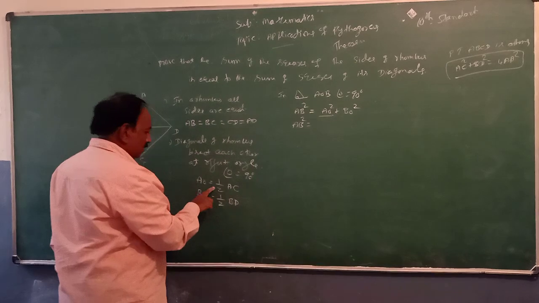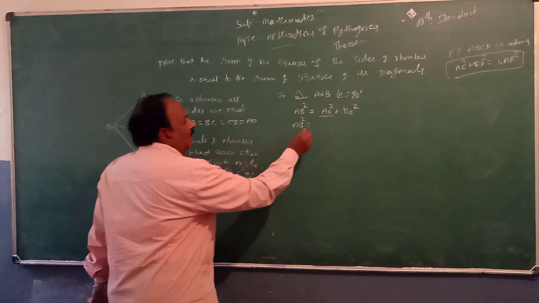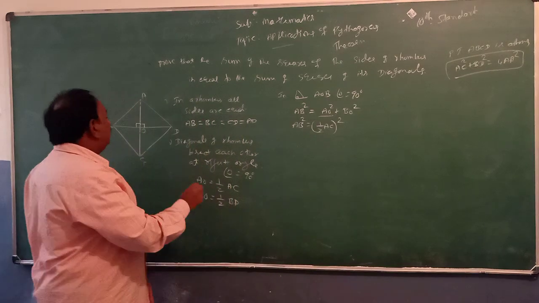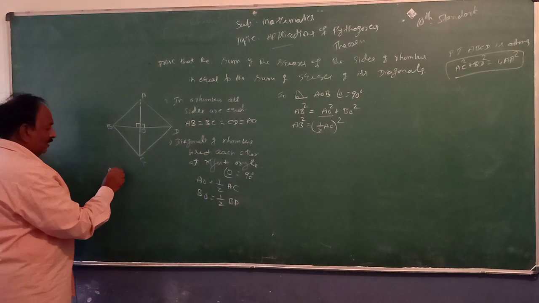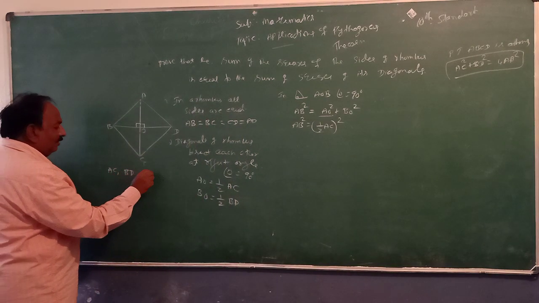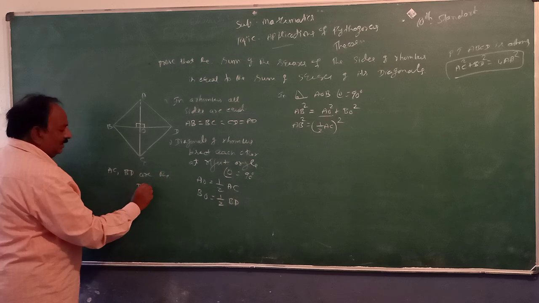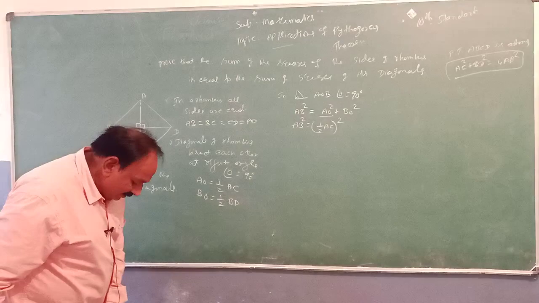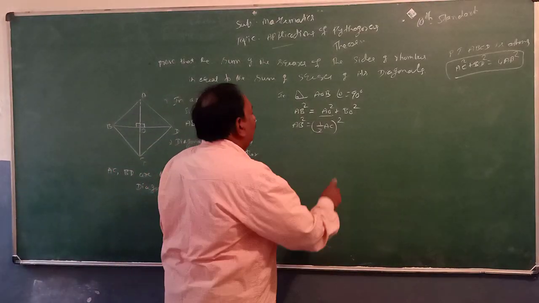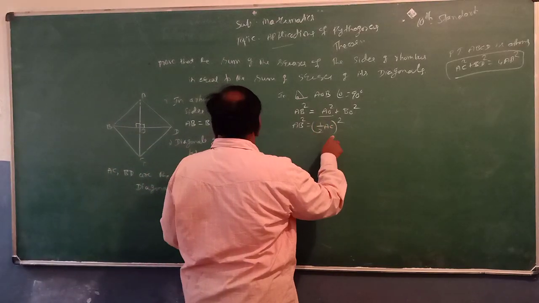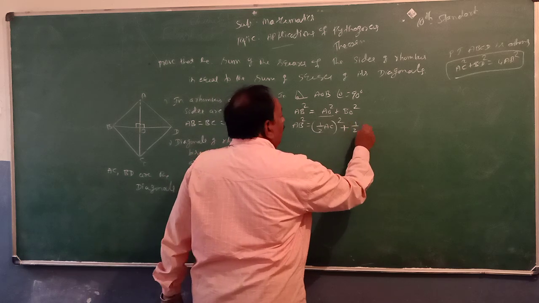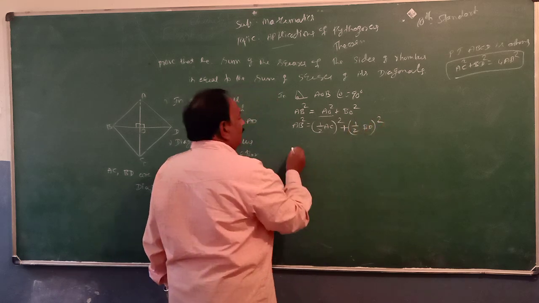What is AO? Half of AC whole square. You have to write one more sentence here: AC and BD are the diagonals. Therefore, AO is equal to half of AC whole square plus BO is equal to half of BD whole square.